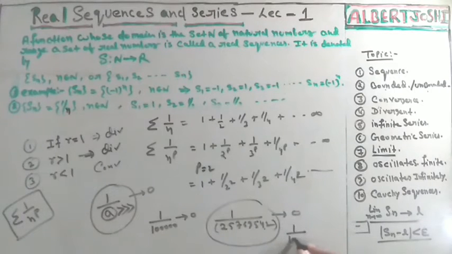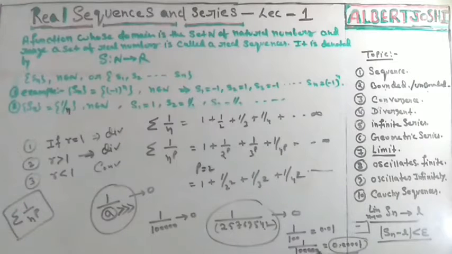You can see also 1 upon 100 is equal to 0.01. If I am increasing again, 1 upon 1 2 3 4 5, in this condition you get a very small value.